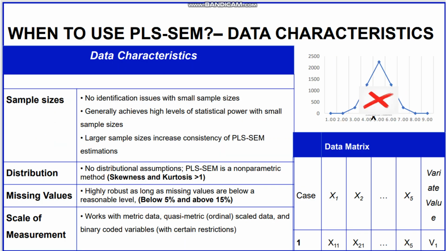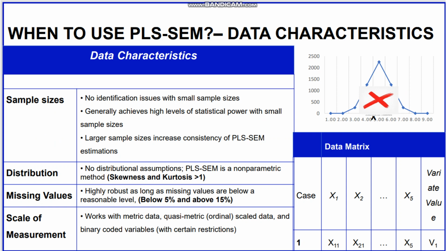the model. So before doing any analysis using SmartPLS software, a researcher needs to ask a few questions about the data characteristics, and then only should he use PLS-SEM. So let's try to answer the question: when to use PLS-SEM? When the sample size is small, then we can use the PLS-SEM method.